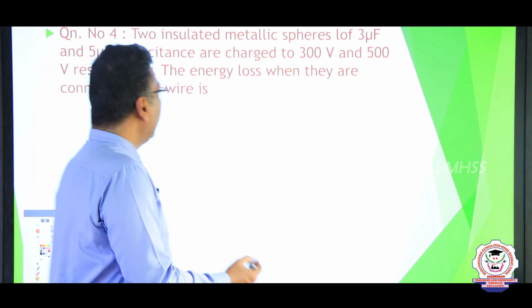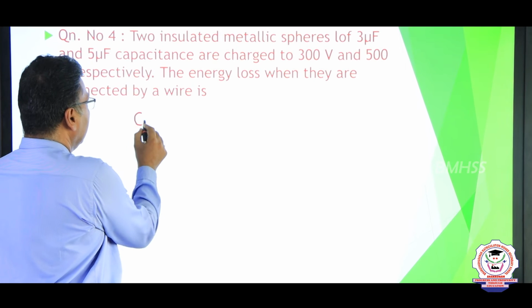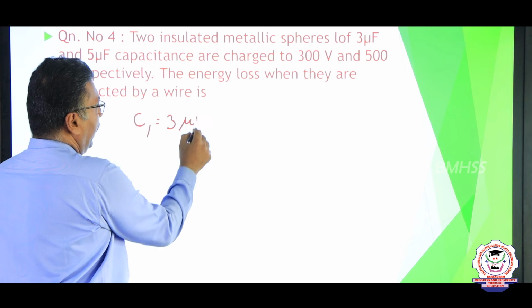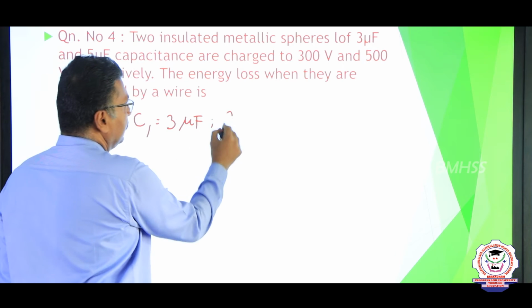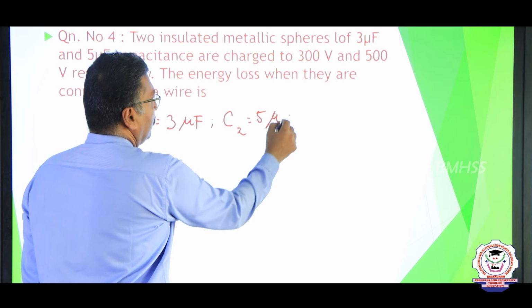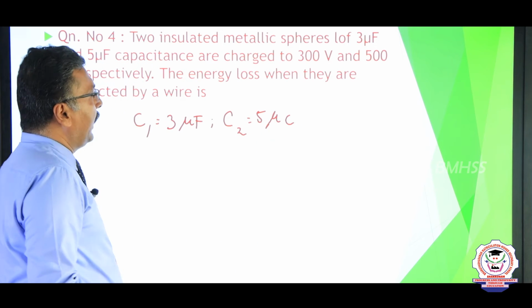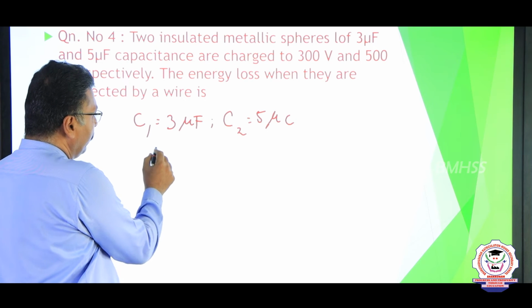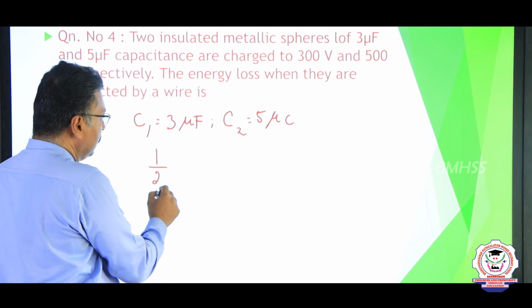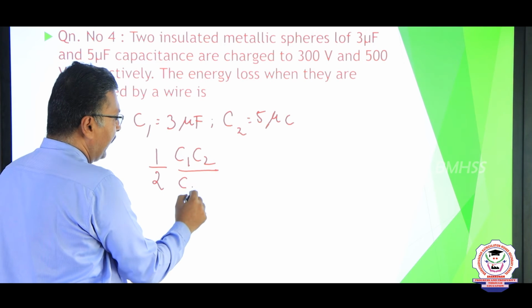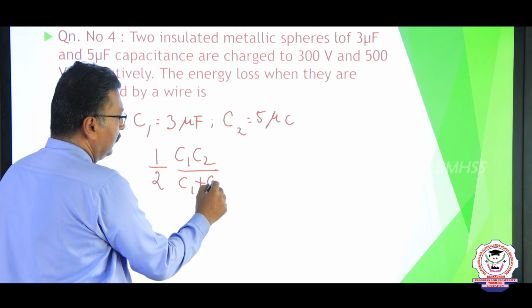So we have C1 given as 3 microfarad and C2 given as 5 microfarad. They are being connected and we have to find out what is the energy lost. So what will you do? You will take half of C1 C2 by C1 plus C2, as they are in series.